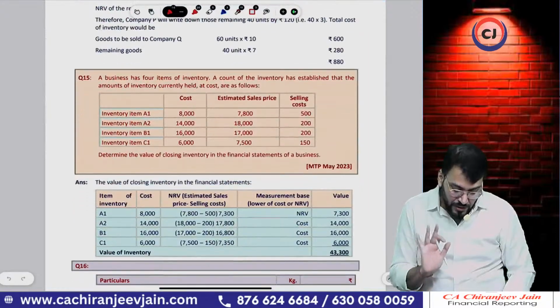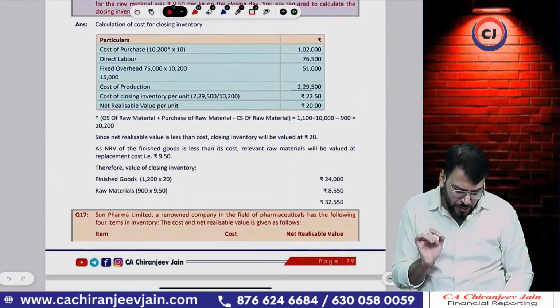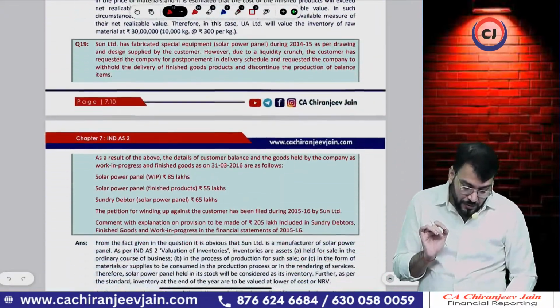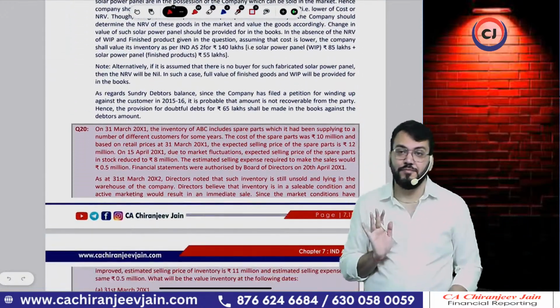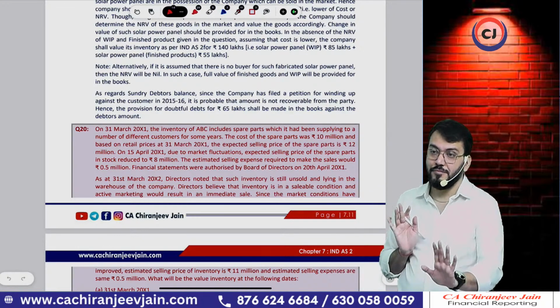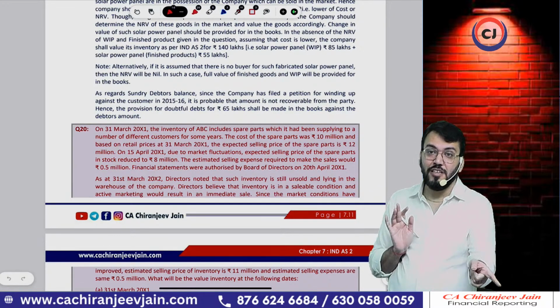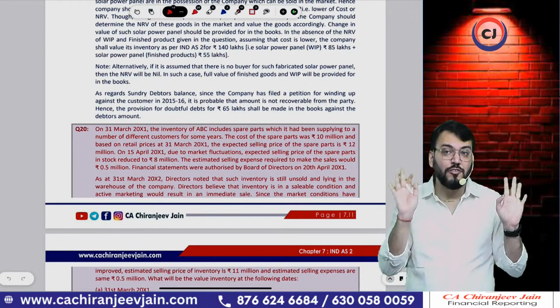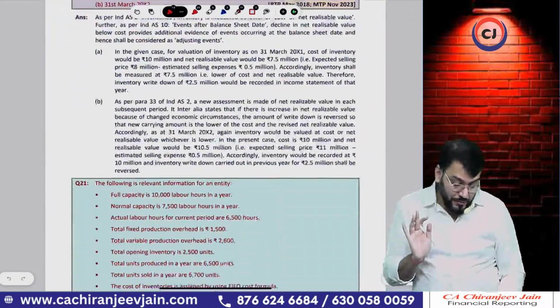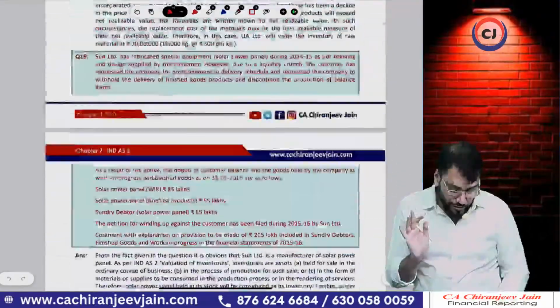But till now, in the new scheme of syllabus, I don't think this type of question has been given. But what I found is that in CA Inter, a similar question was asked in the RTP, because AS 2 is there. The similar question was given in the CA Inter RTP; till now they have not asked it in the CA Inter exam. But it is a very good question. Where is that question?